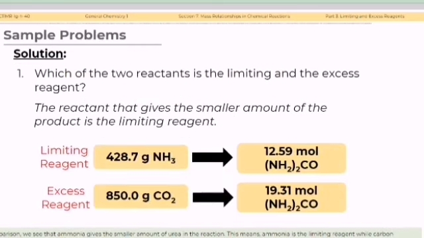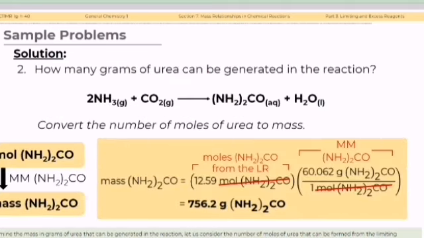By comparison, we see that ammonia gives the smaller amount of urea in the reaction. This means ammonia is the limiting reagent while carbon dioxide is the excess reagent. To determine the mass in grams of urea that can be generated in the reaction, let us consider the number of moles of urea that can be formed from the limiting reagent.